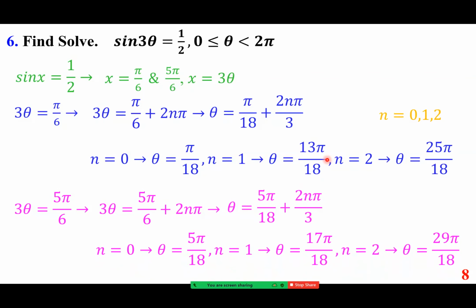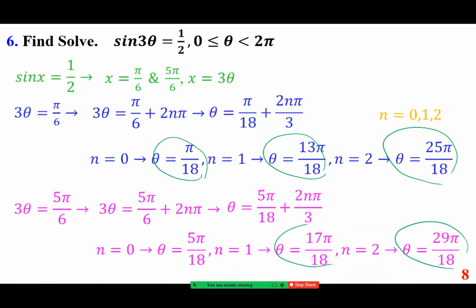And therefore, from 0 to 2 pi, we have 1, 2, 3, 4, 5, 6 answers.